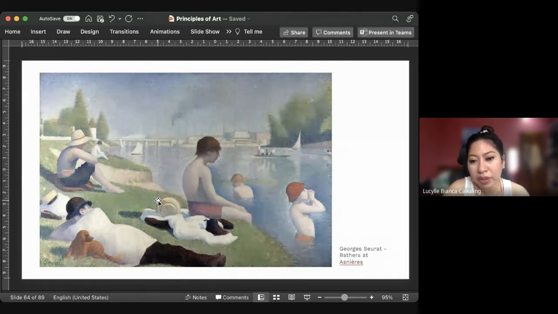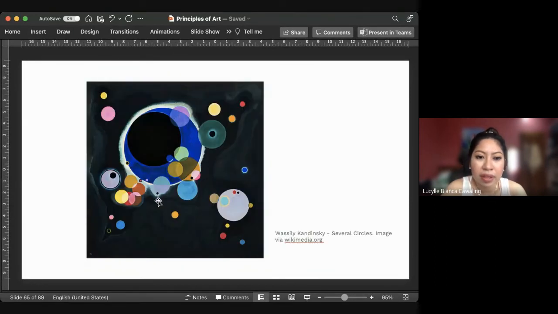This is by George Seurat, titled Bathers at Asnières. And then this is by Wassily Kandinsky, Several Circles.